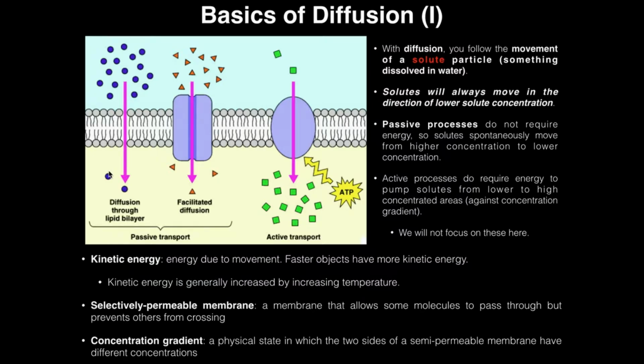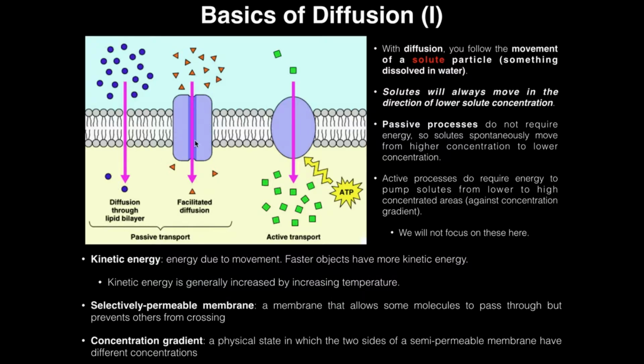So the basics of diffusion is that if we consider the solute, these blue circles, the solute will always move from an area of high concentration to an area of low concentration, okay? Let me repeat that. Diffusion means that the particle will move across a membrane from an area of high concentration to low concentration, which in this case means moving downwards.